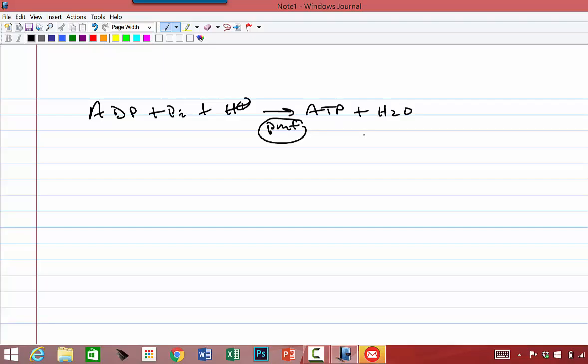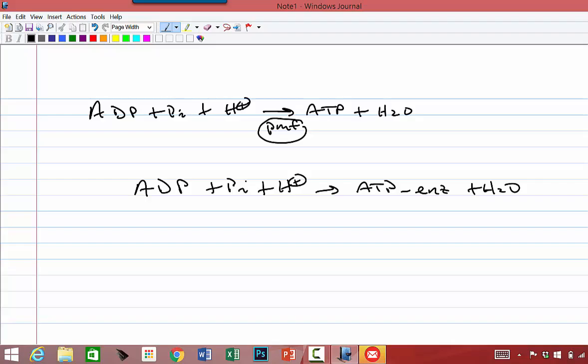So basically, you've got two steps here: ADP plus inorganic phosphate plus the proton, and that's going to give us ATP, I'm going to say bound to enzyme. Okay, so it's going to be bound to the enzyme plus water.